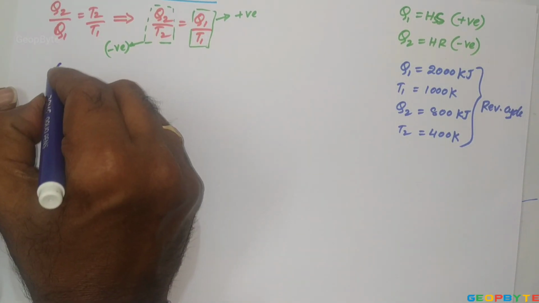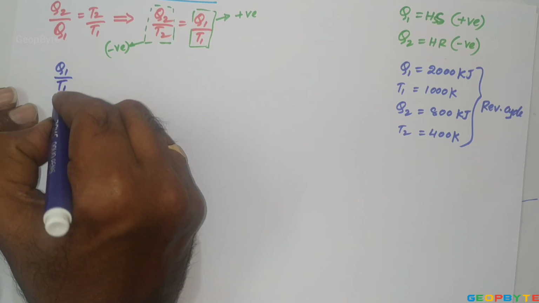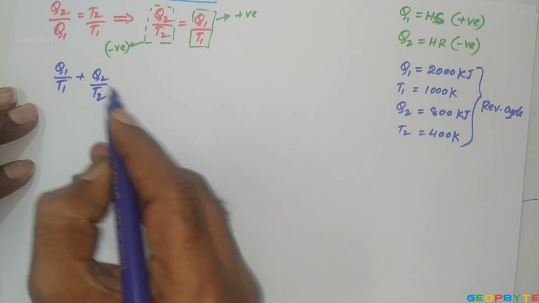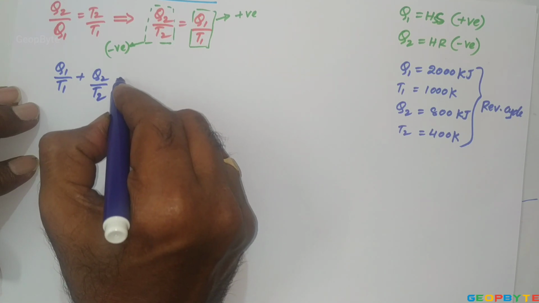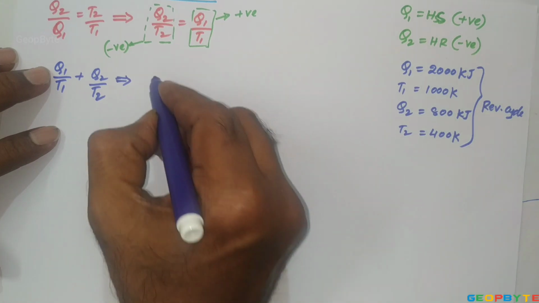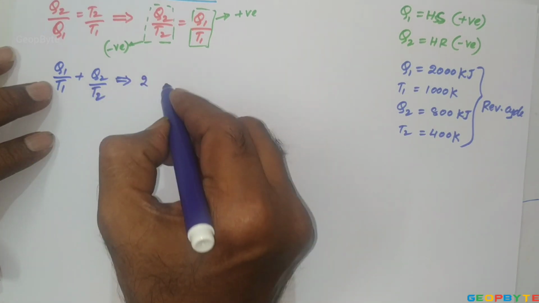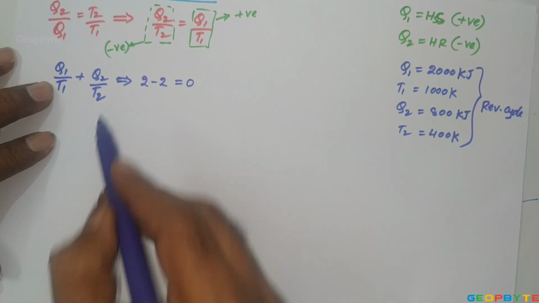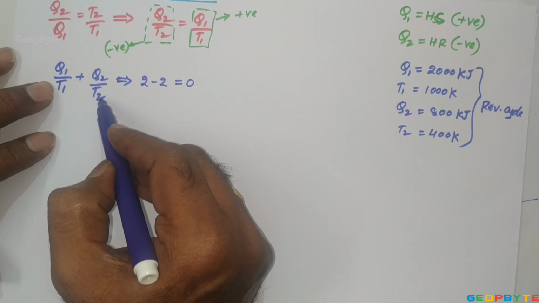Then if I add Q1 by T1 and Q2 by T2: Q1 by T1 is plus 2, Q2 by T2 is minus 2. It is equal to 0, because Q2 by T2 is a negative quantity.